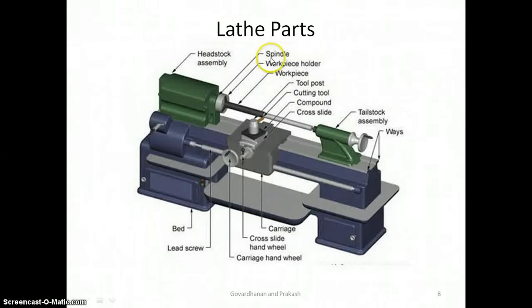Headstock contains spindle, work holder, workpiece. Carriage contains cross slide, compound rest, cutting tool, tool post. And bed contains guideways for the movement of tailstock as well as carriage. There is a feed mechanism called lead screw.